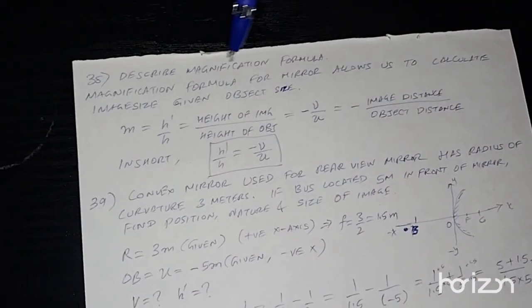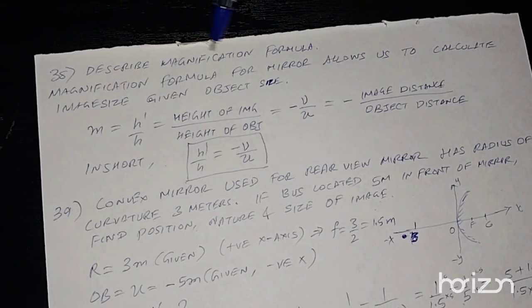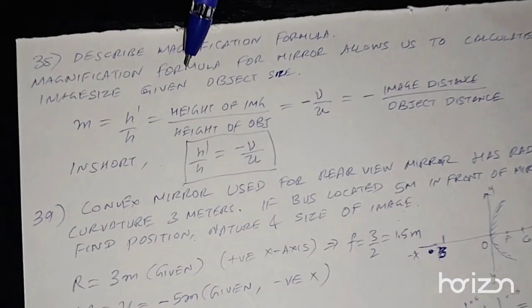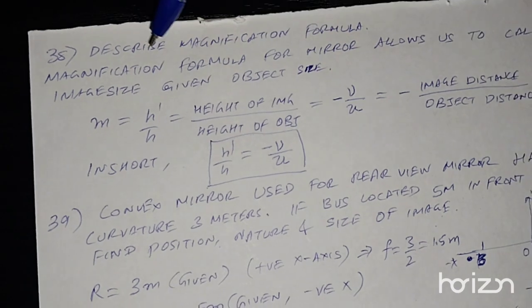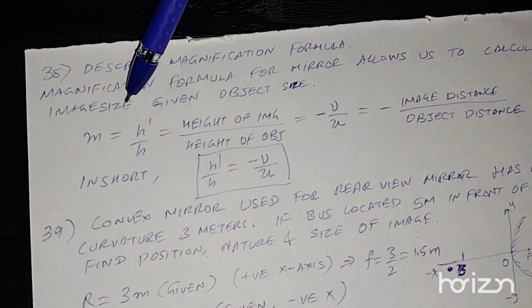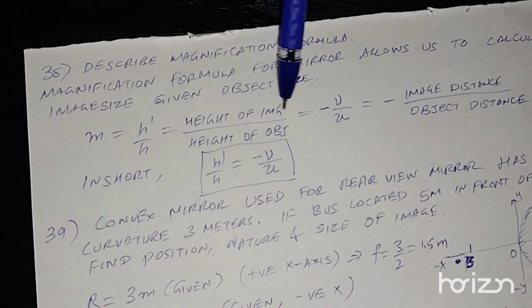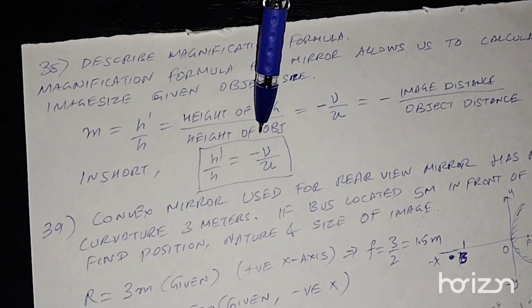So let's work out some problems. Before that, let's look at the magnification formula. The magnification formula for a mirror allows us to calculate the image size given the object size. Let's say h dash is the height of the image and h is the height of the object.